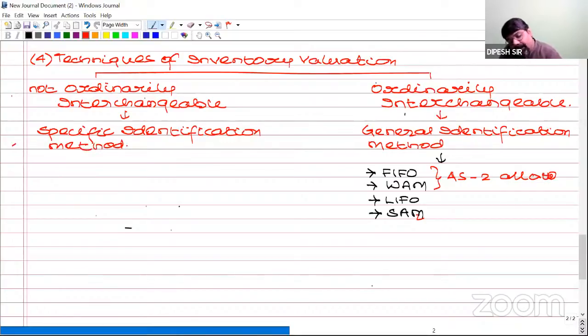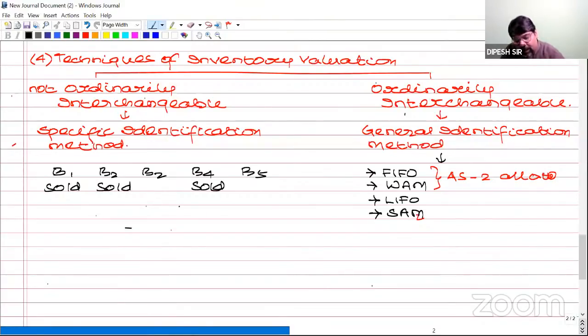That means with bill 1, bill 2, bill 3, bill 4, bill 5, I know this is sold, this is sold, this is left, this is sold a little, left a little. So I know exactly from which bill it is sold and which bill it is left.